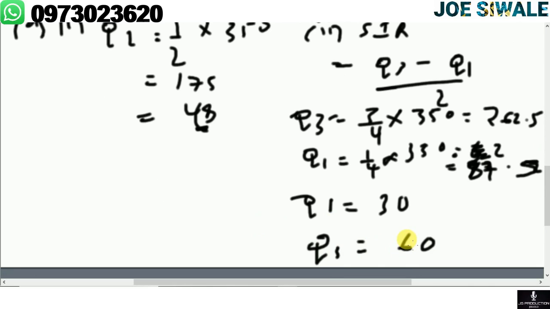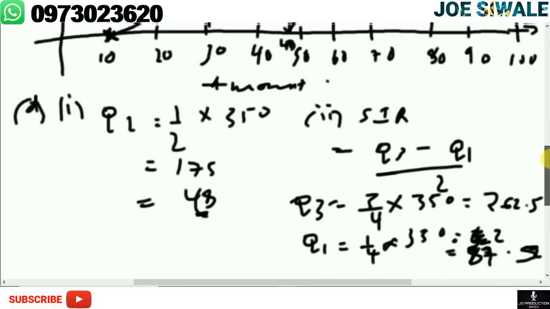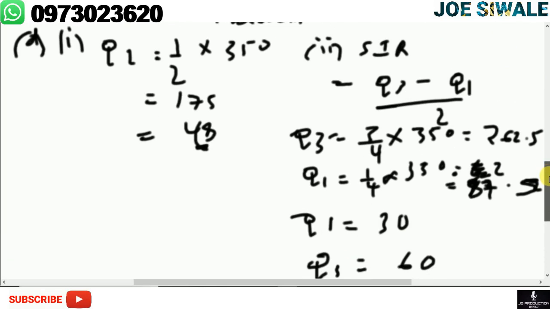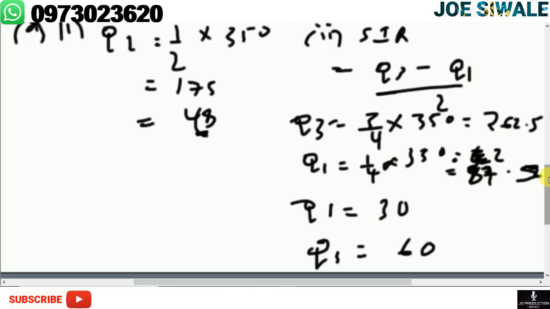So let us now find our semi-interquartile range. So we already know the formula there. It's Q3 minus Q1 divided by 2.